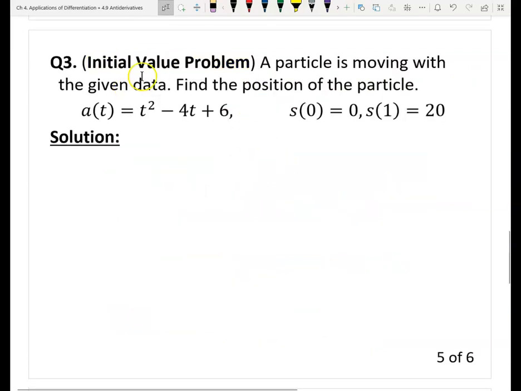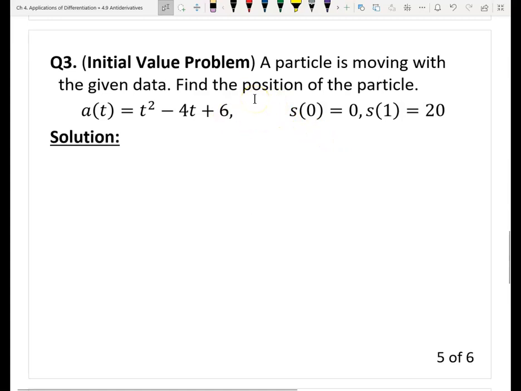Here is the last question. It is still an initial value problem, right? We need to find the position of the particle given the acceleration function and the initial condition. So how do we find this?